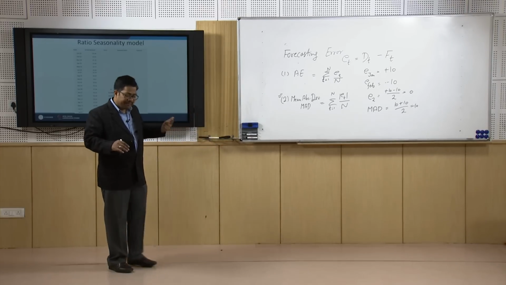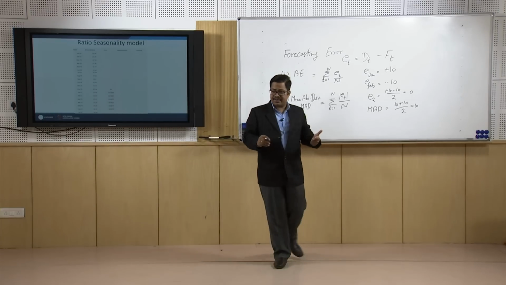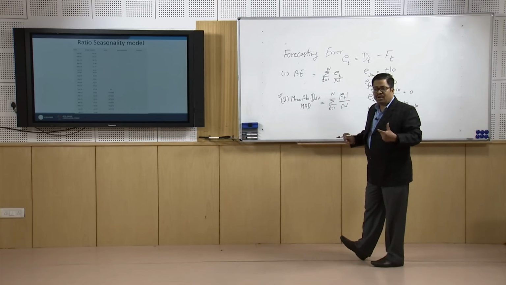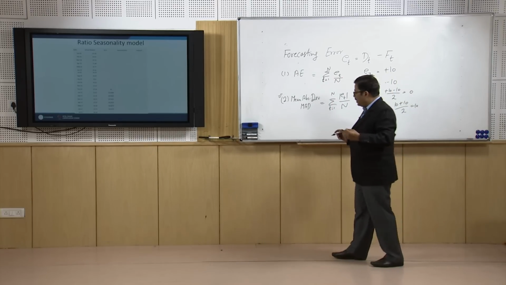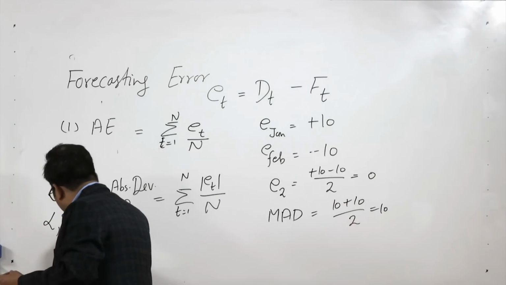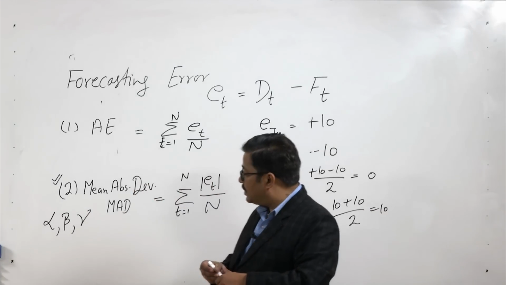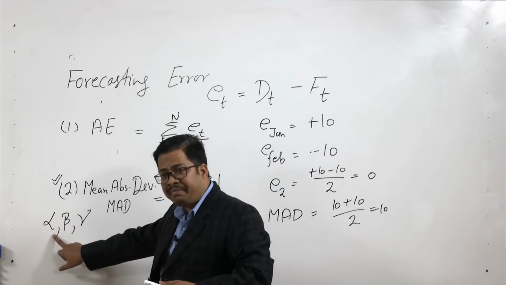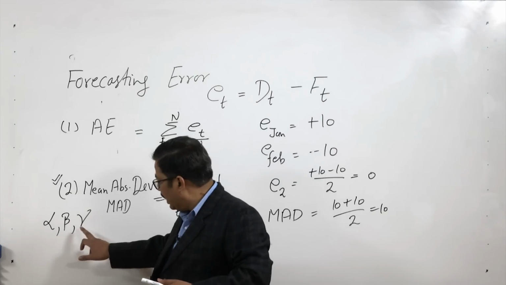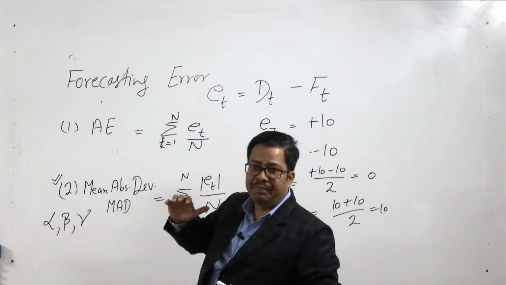And at the same time, let me also tell you about the smoothing constants. In our last classes, we have discussed about the use of smoothing constants. We will use three types of smoothing constants: alpha, beta and gamma. Alpha for smoothing the fluctuations of the base, beta for smoothing the fluctuations of the trend, and gamma for smoothing the fluctuations of the seasonality components.